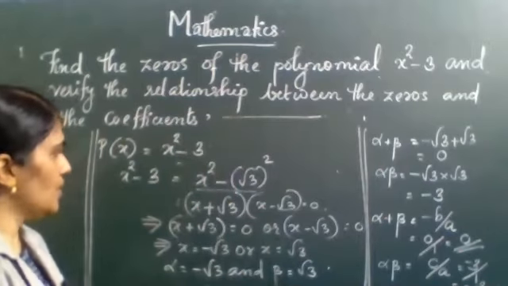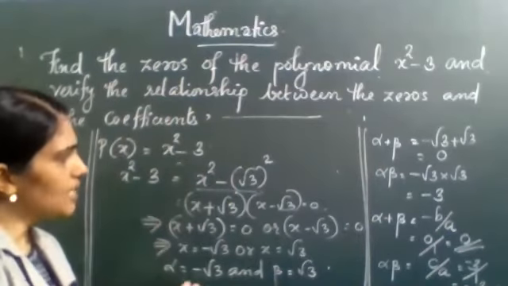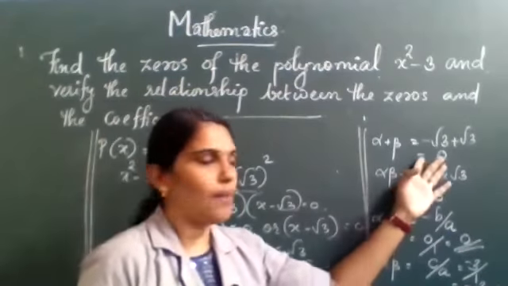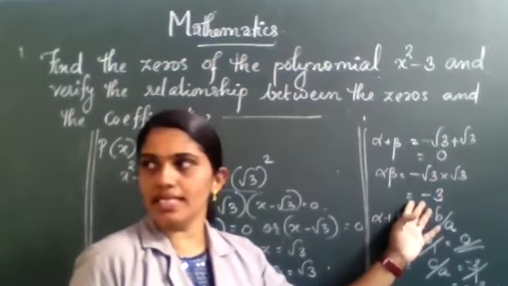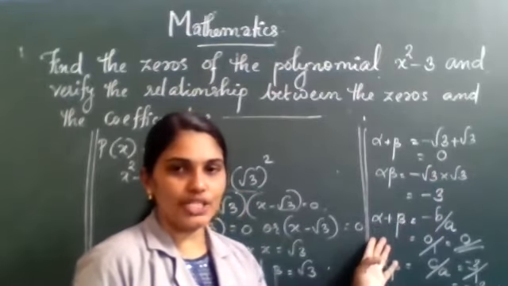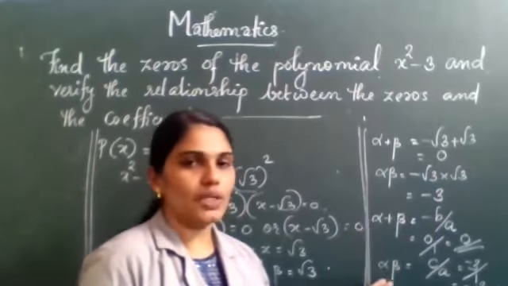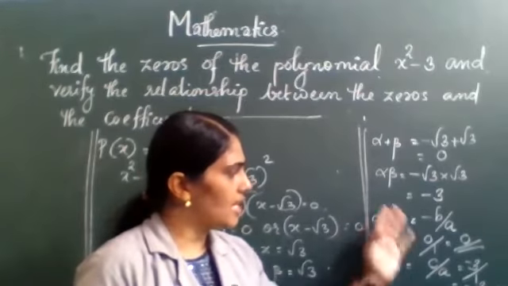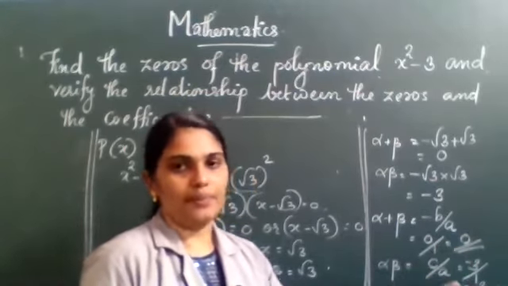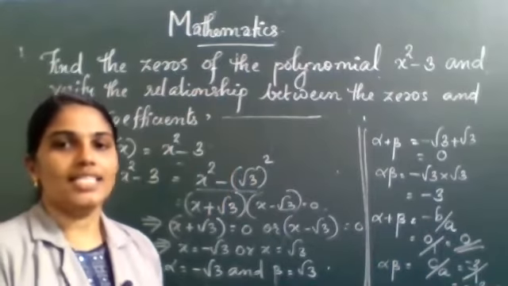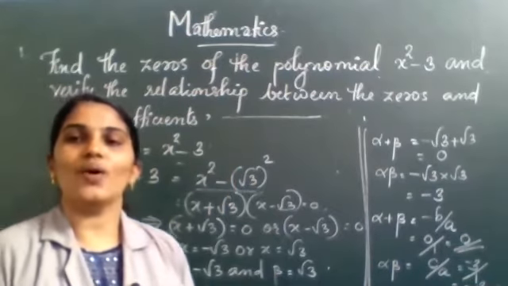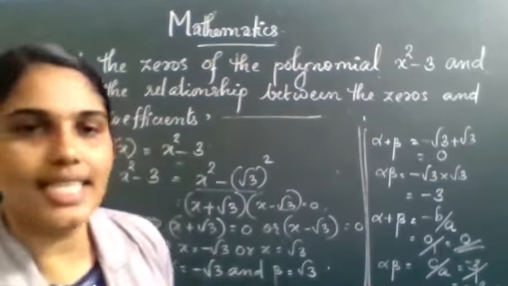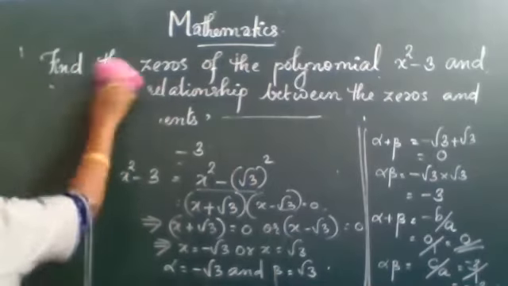So here the sum of zeros is 0, product of zeros is minus 3. And next is the relationship between zeros and coefficients. We get the same 0 and minus 3. This is the relationship between the zeros and coefficients of a quadratic polynomial. Is it clear?